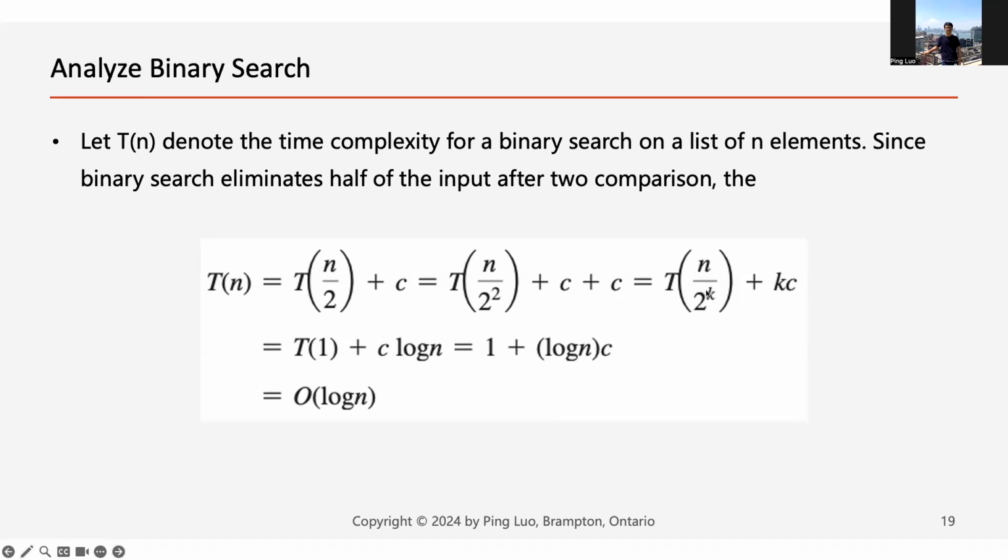For example, if n is 8, k is at most 3, if we cannot divide further. Each time we divide by 2, and c is still the constant operation. So finally, we can use this formula to find that the time complexity of binary search is just log n, which is better than linear search, which is O(n).